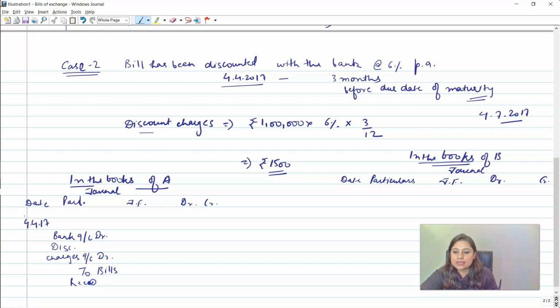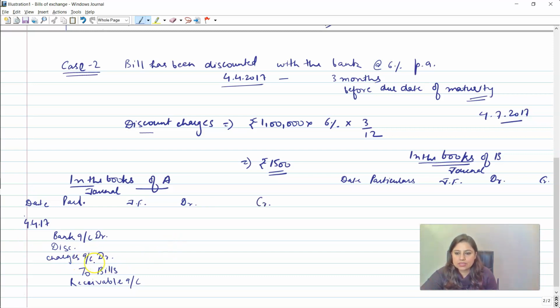So we would be crediting the bills receivable on 4th of April 2017 itself. The settlement would be done as the bank would be providing the cash to the drawer at that particular point of time itself, because the bill is being discounted, and the bill would be kept by the bank and held by the bank till the date of maturity.